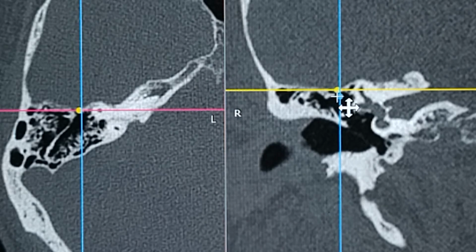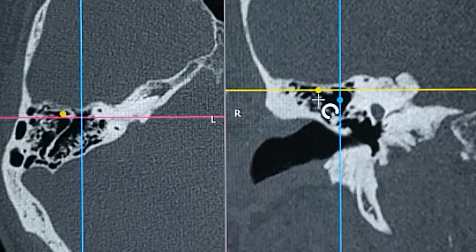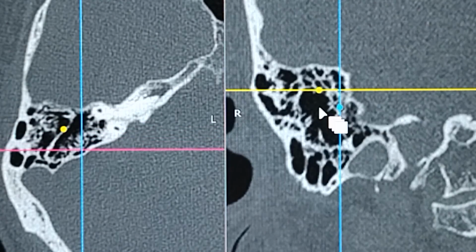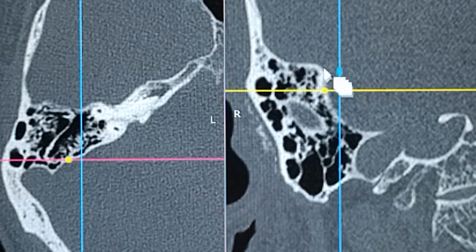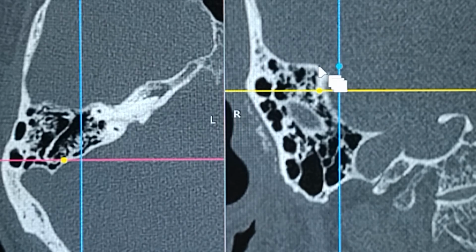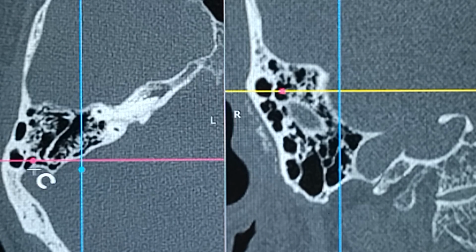Okay, so if you can see now, if I'm going from the most posterior aspect, you can see on the axial scan this is the most posterior aspect, and if I'm going from the most posterior aspect to the anterior aspect, you can see that's the tegmen plate. From lateral to medial, it is coming anteriorly, and inferiorly as well.